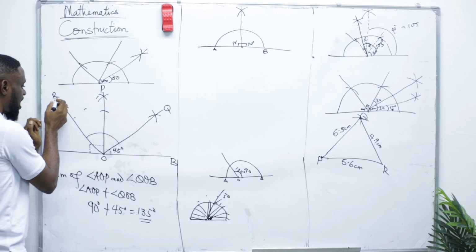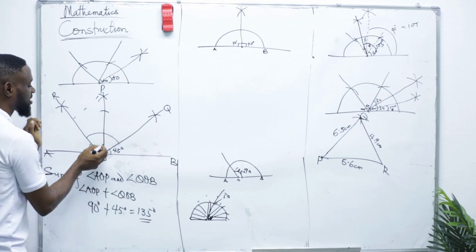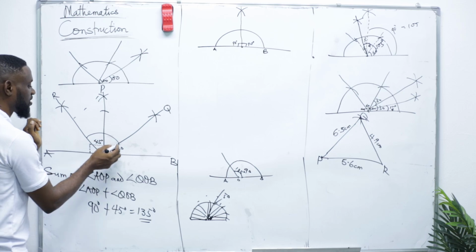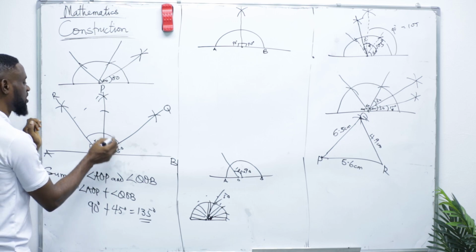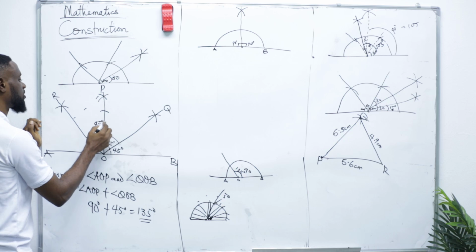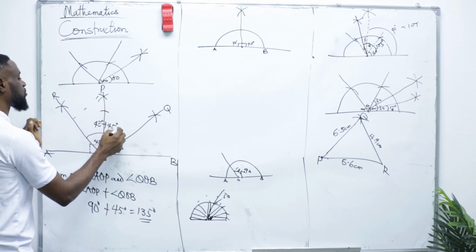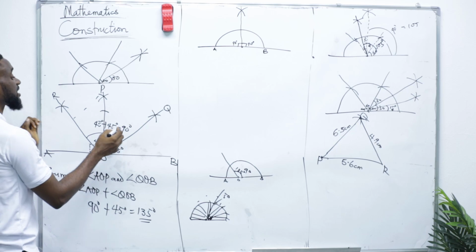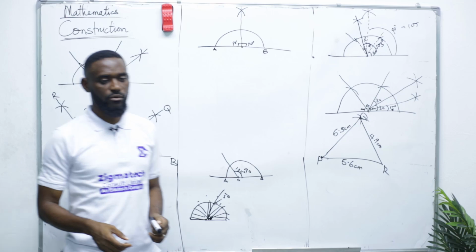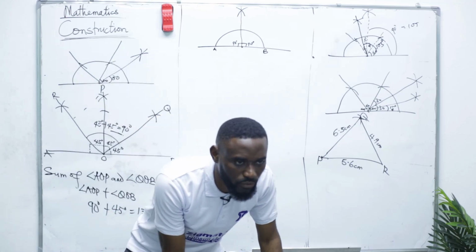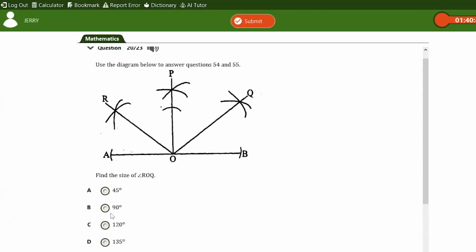So if this is 90, it means half of this, this place, is 45 degrees. This place is also 45 degrees. So this is 45 degrees plus 45 degrees to give us 90 degrees. That's the size of angle ROQ. So it is 90 degrees.